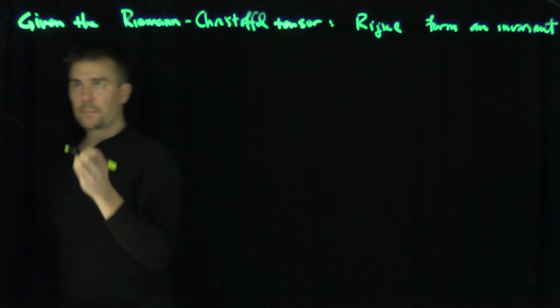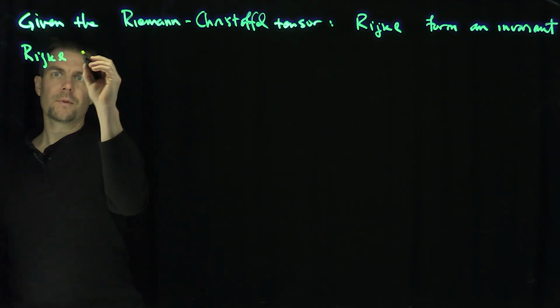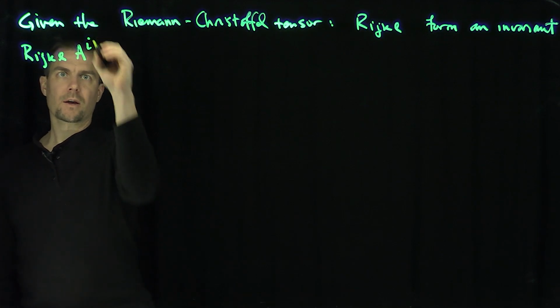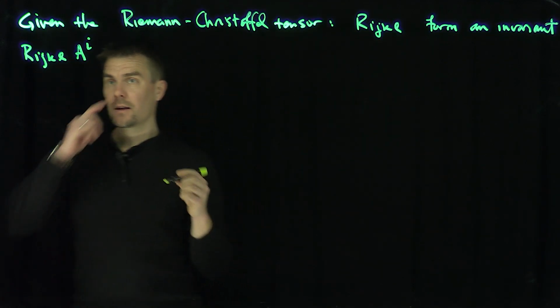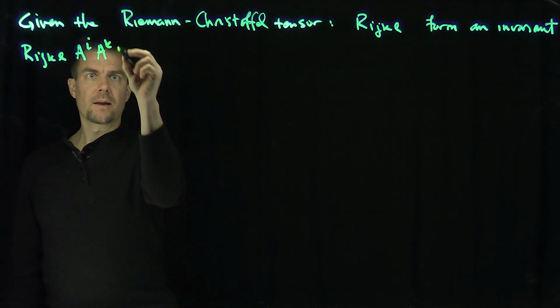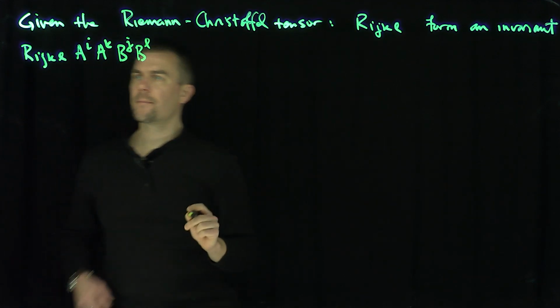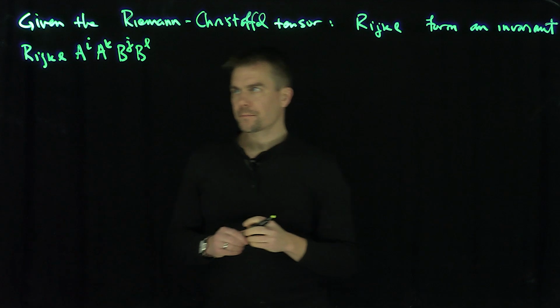What's the invariant going to be? It's going to be R_ijkl with a contravariant vector A^i A^k, and then another vector B^j B^l. And so this is an invariant.